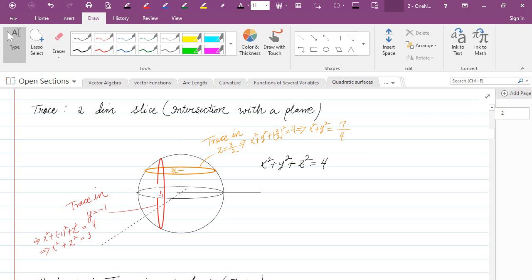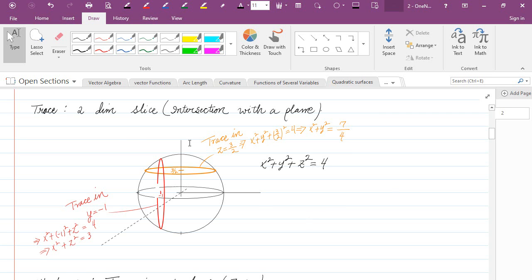So a trace is the intersection of the graph of an equation with a plane.